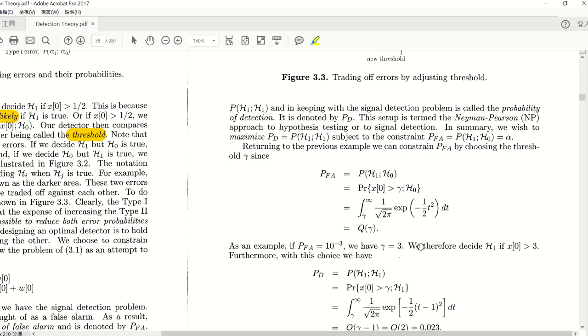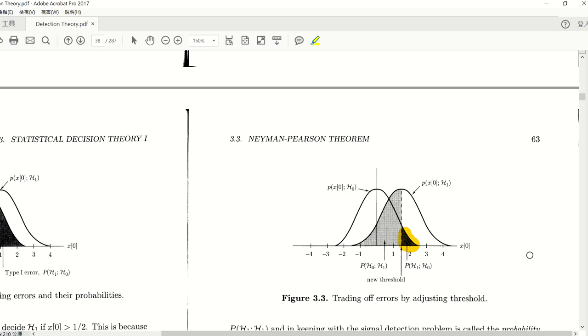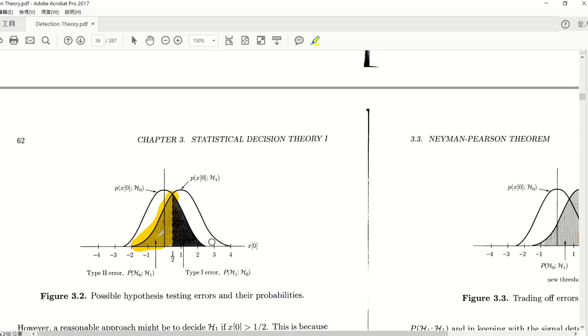We therefore will decide H1 if x is larger than 3. So previously, when we talked about 1/2, now we have a better understanding of it, because we know the threshold sets a value of probability of detection and sets a probability of false alarm.